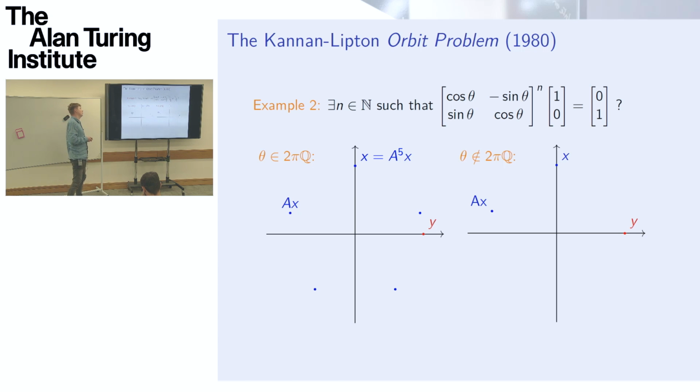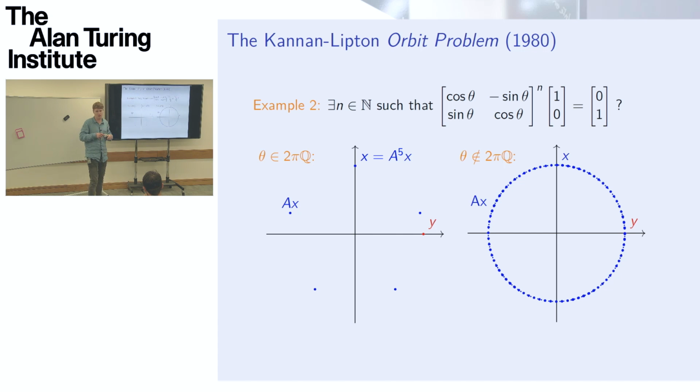Now the other case, which we all know, is when theta is not a rational multiple of 2 pi. Here for the drawing, I have a slightly smaller theta so that I don't loop back on x. And you all know that this gives an orbit that's dense in this circle. So actually here the answer is no. This orbit doesn't touch y, but it gets arbitrarily close.